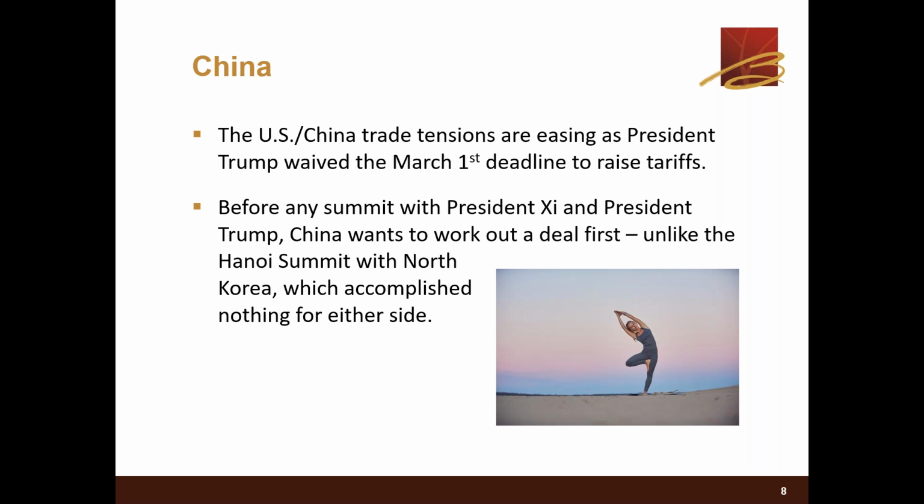So next, I want to turn to China in terms of the issue of flexibility. As you know, thanks to President Trump, we've been in a trade war with China for over a year now. One of the latest dynamics is that the president originally set a March 1st deadline to come to a trade agreement with China, or he was going to dramatically raise tariffs on more Chinese goods.